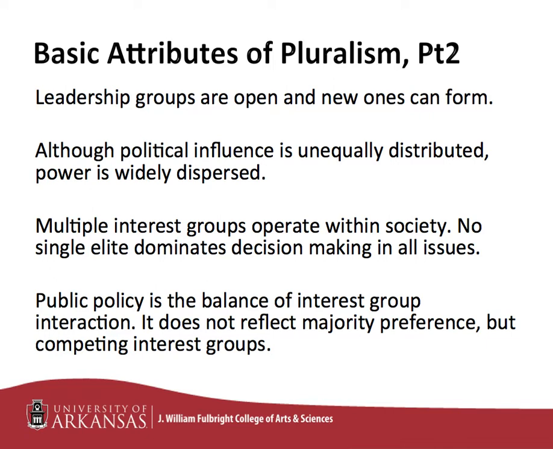So there are multiple interest groups that operate within society, and as a result, no single elite dominates decision-making in all issues. So ultimately, what we're seeing here is that public policy is the balance of interest group interaction. While it does not reflect majority preference, it does provide for competing interest groups.